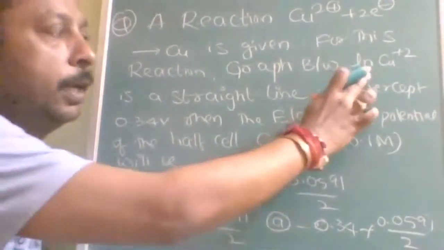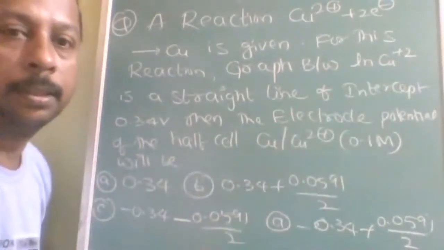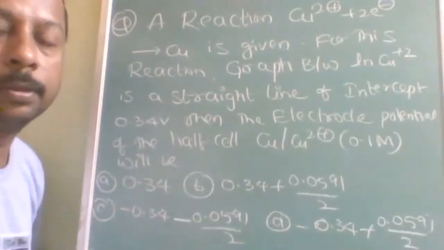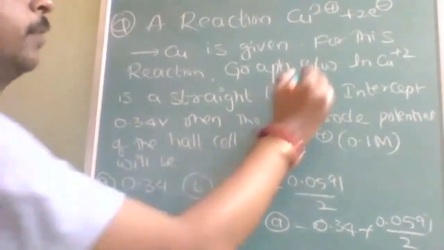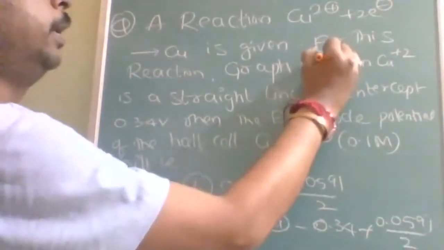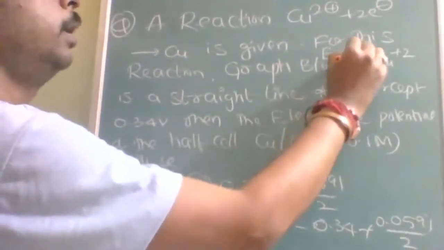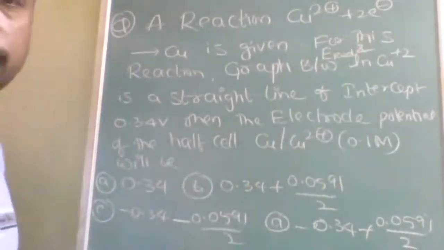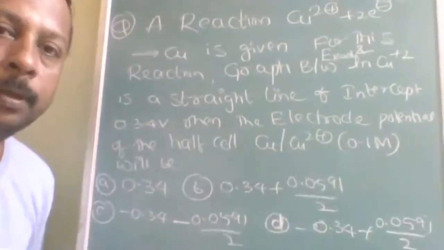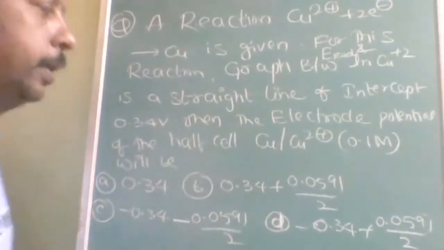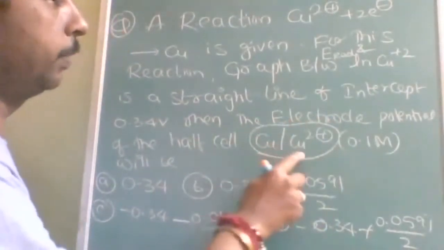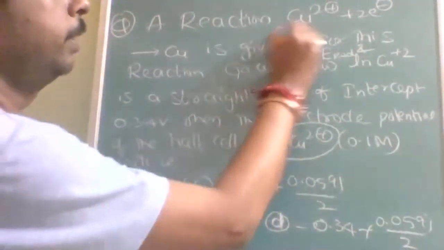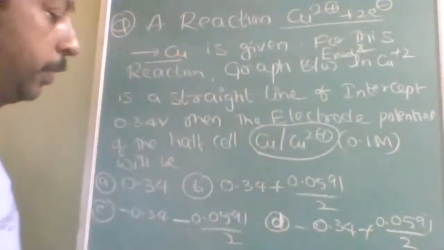Graph between Ln Cu2 plus. Question: graph between E reduction and Ln Cu2 plus. See here, the trap in the question is they are asking for the Cu2 plus oxidation potential, but the information given is about the reduction potential.